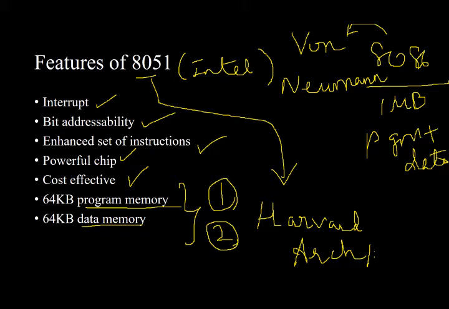The difference between Harvard architecture and von Neumann architecture is an expected 2-mark question. In Harvard architecture, you have access to memory in two different aspects: program memory and data memory. The example of Harvard architecture is 8051. In 8086 you have a combination of memory, where one memory is accessed for both program and data, and that type of memory access is called von Neumann architecture.